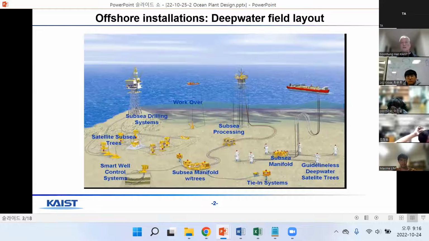So this is a typical deep water field layout. At the top, you see drilling systems, a subsea drilling system at the left. They start to drill the seabed to find oil or gas.